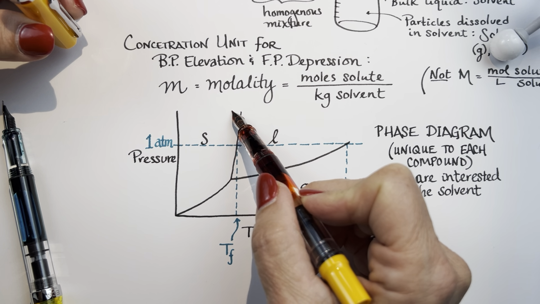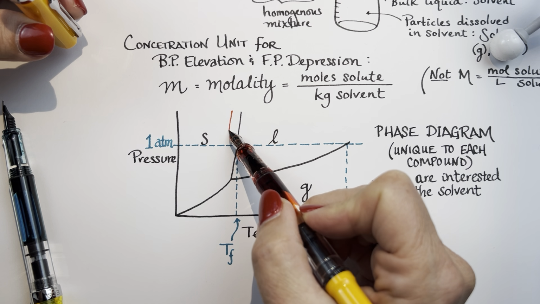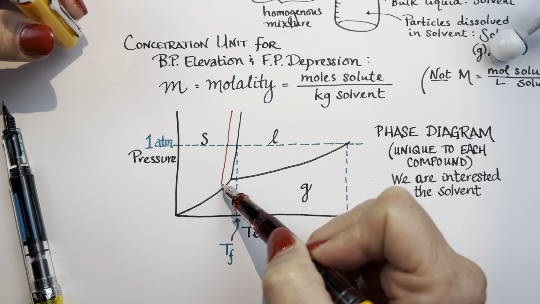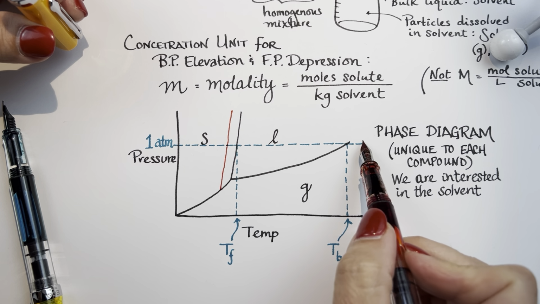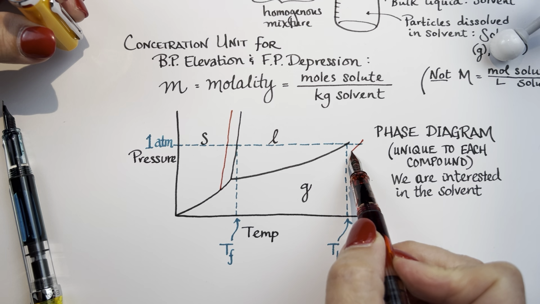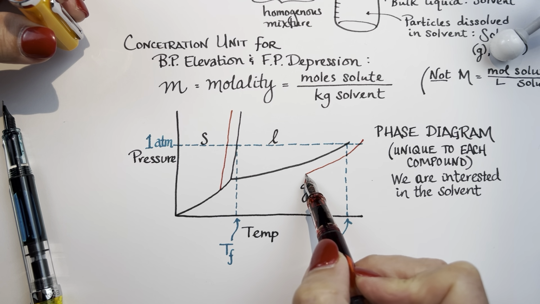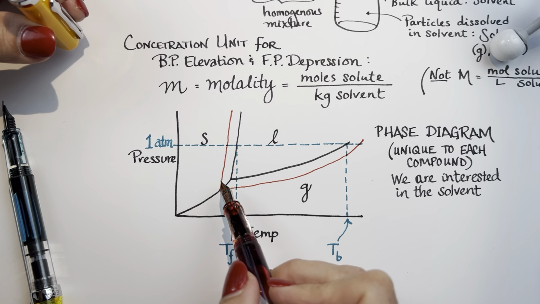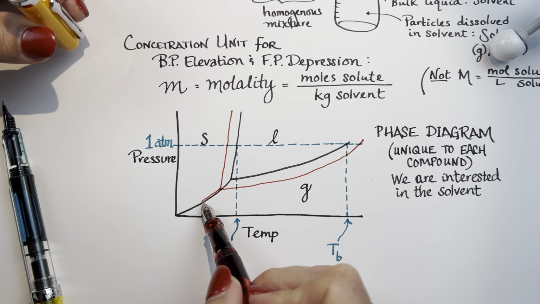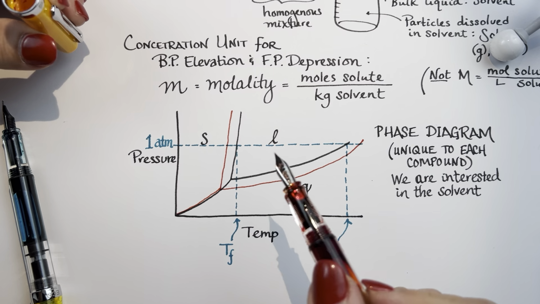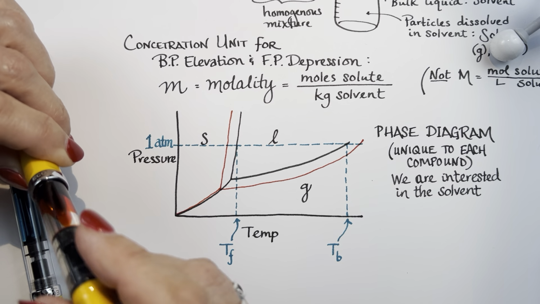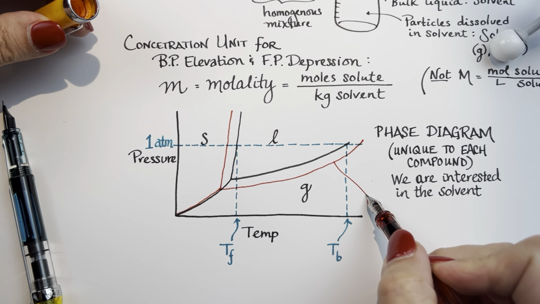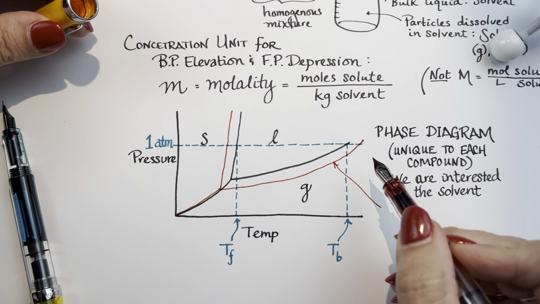What happens is the liquid part of the phase diagram is expanded. It looks like this. Now this is just a rough sketch, of course. It doesn't have exact numbers with it. So this now is the phase diagram for a solution.